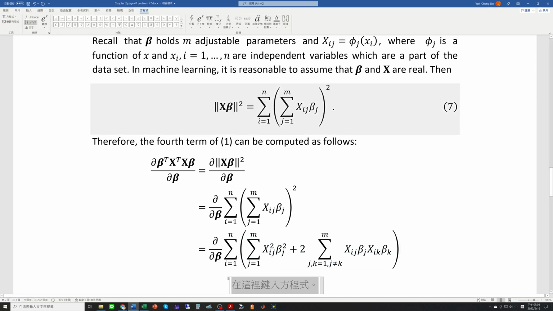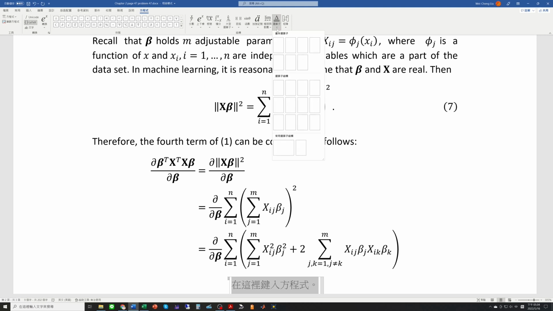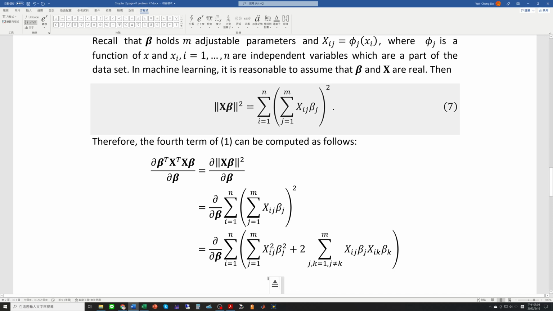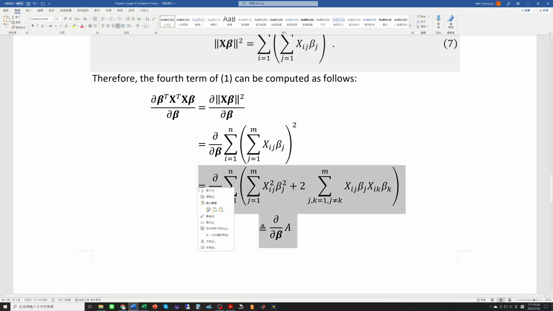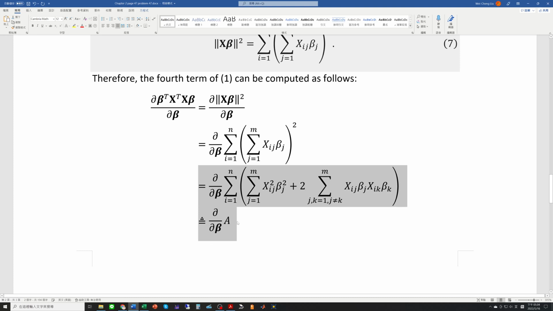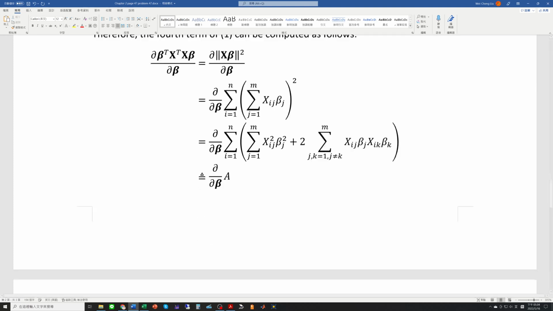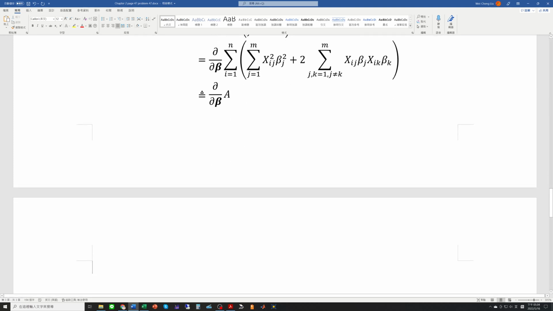For brevity, let us define this as partial over partial beta and A. So we define this term as A. Align at the equality. Good.